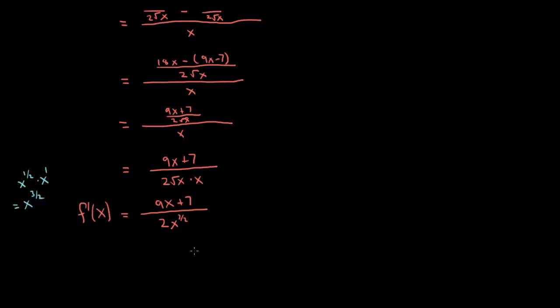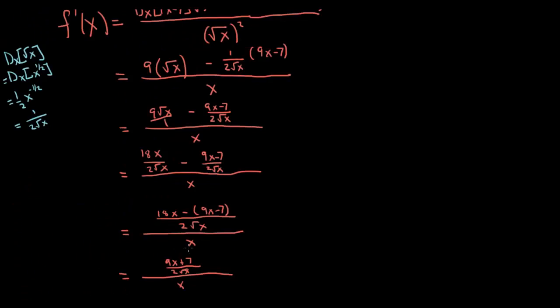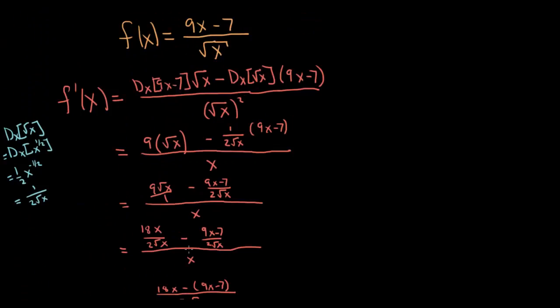Now notice, at all the work we just did, the only steps right here that are calculus are this one and this one. So this step right here is the quotient rule, and then this step right here we took the derivative of the top, which resulted in 9, and we took the derivative of the square root of x, which resulted in this.